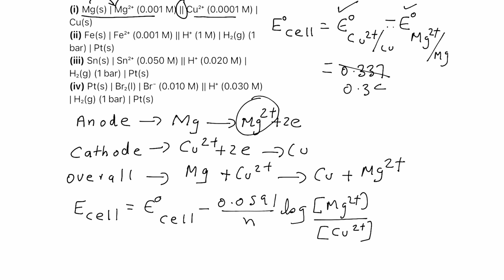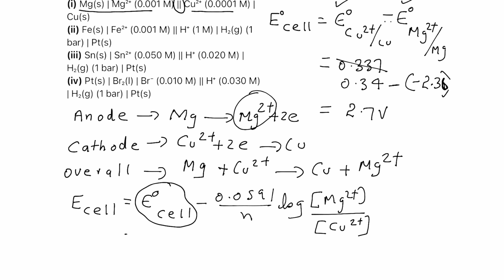That is the value given in your textbook, 0.34, minus the reduction potential of magnesium, also given in the textbook. It is minus 2.36. On calculating you will get 2.7 volt. So we got the E0 cell value. It is 2.7.